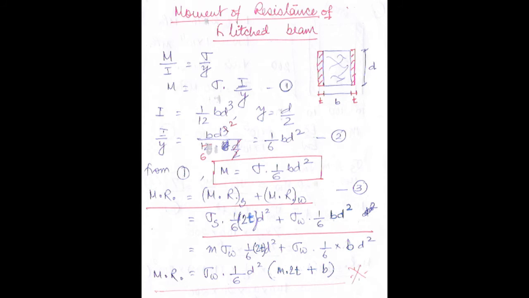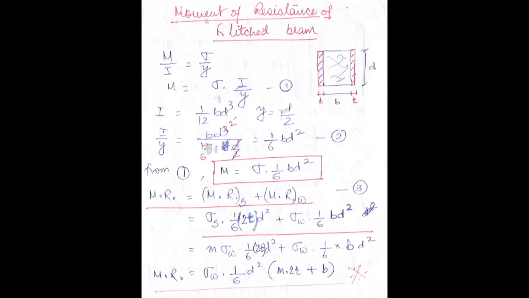I repeat the sequence: when a load is applied on a beam, bending moment develops. To resist that bending moment, the beam develops a moment of resistance to counteract it. That is called the moment of resistance.